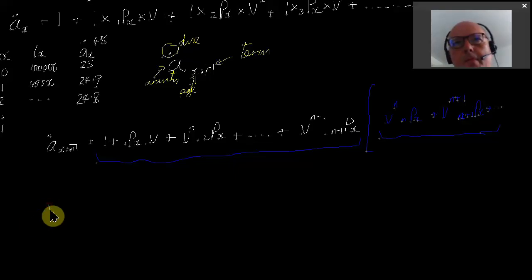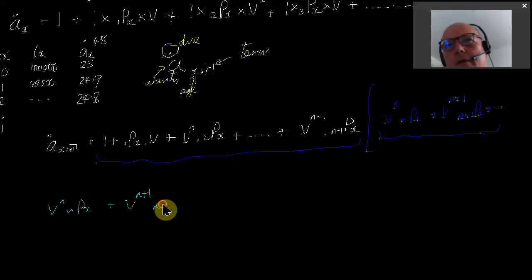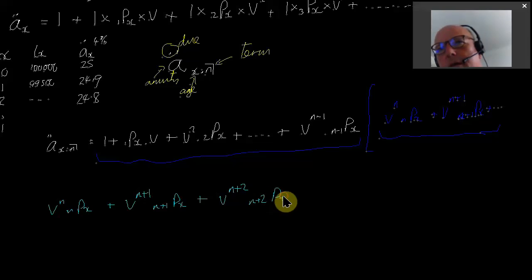So v to the n npx plus v to the n plus 1 n plus 1 px plus, let's just keep going to make it nice and simple, v to the n plus 2, n plus 2 px.